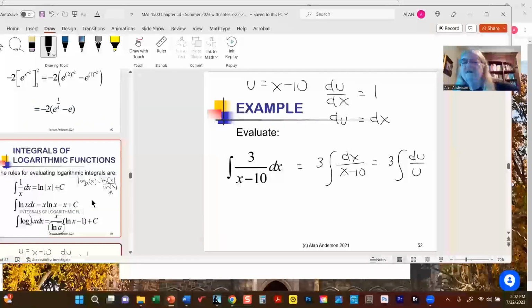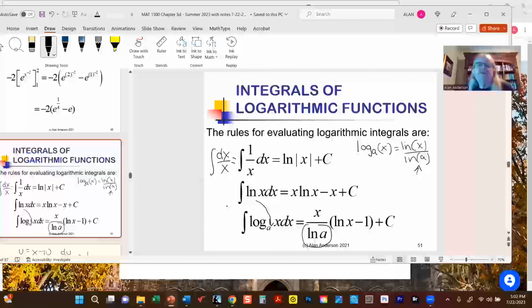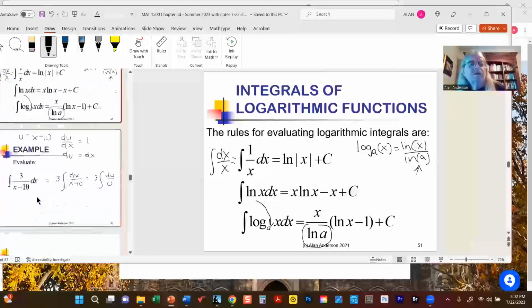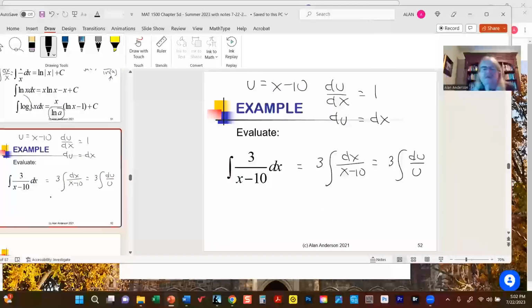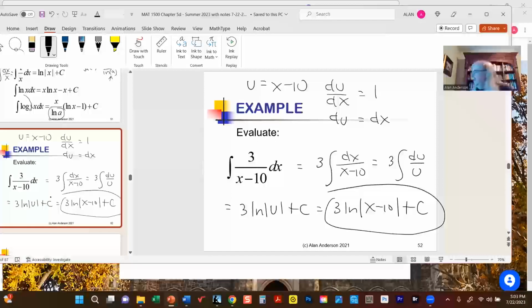You can see because it is the equivalent. This one could have been written as integral dx over x. It means the same thing, of course. So what you actually have here is 3 log absolute value of u plus c. And that's that.